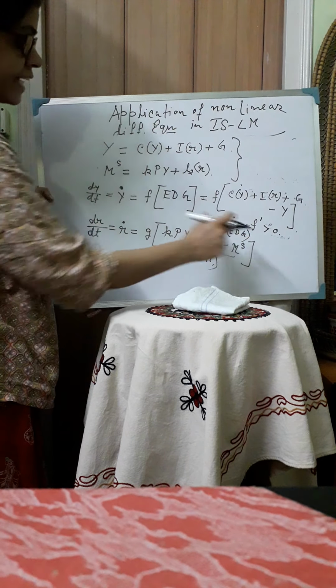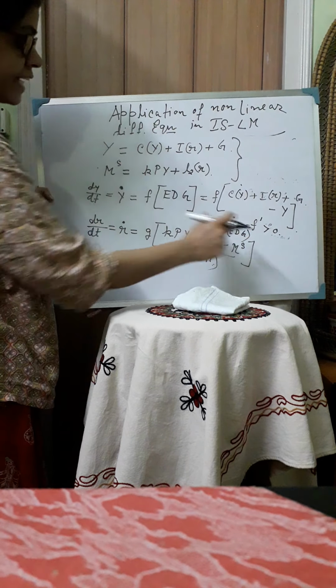So from here we are getting dr by dy is equal to minus f dash c dash minus 1 divided by f dash I dash.